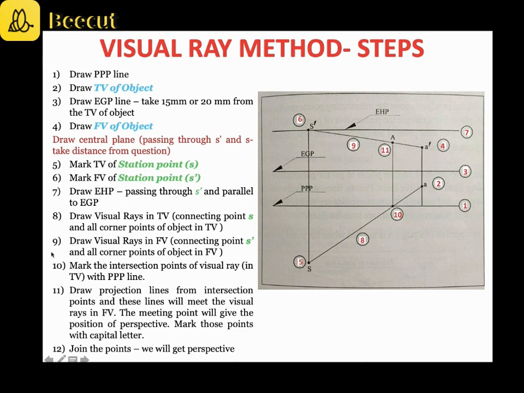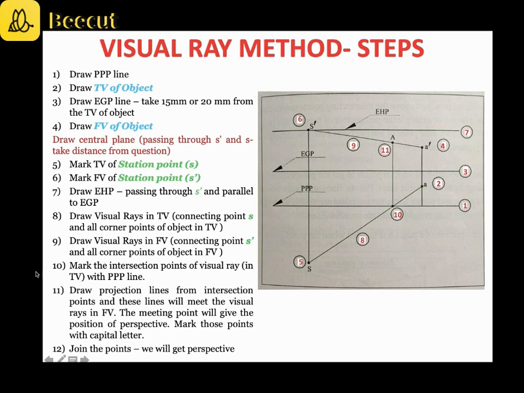Then step number 9 is connecting all the points from S dash towards all the corner points of the object in the front view. Here the point in the front view is only stated as A dash, so you have to join from A dash to reach S dash. So that is step number 8 as well as step number 9.